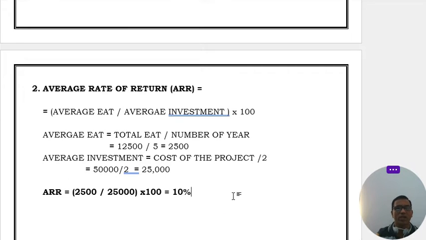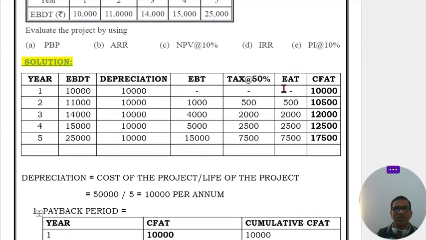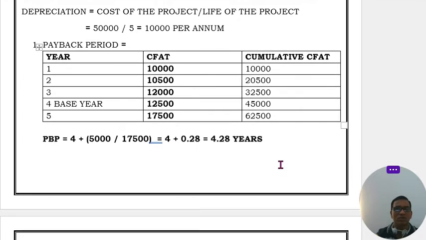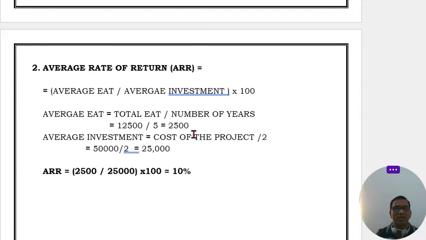The formula to calculate ARR, which stands for average rate of return or accounting rate of return: average EAT or PAT divided by average investment. Average EAT is total EAT divided by number of years. Total EAT, from the EAT column, is 12,500 divided by 5 years, which is 2,500.